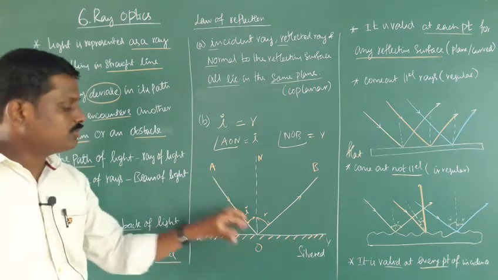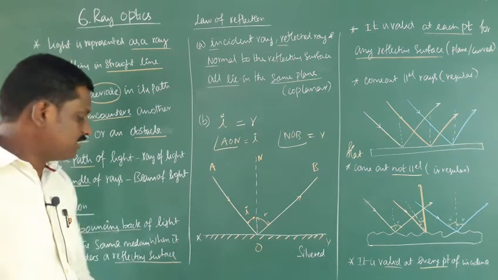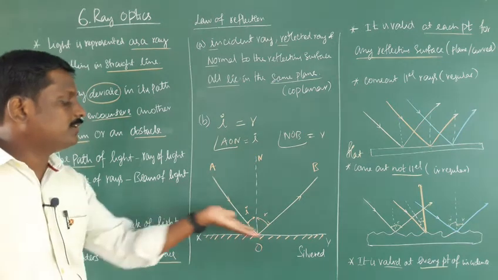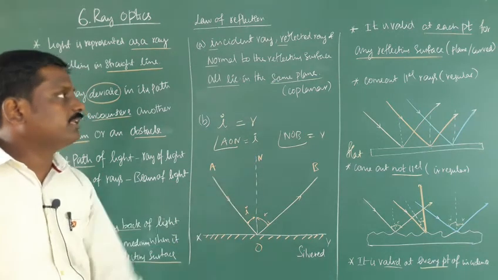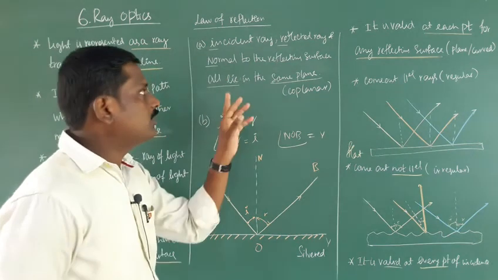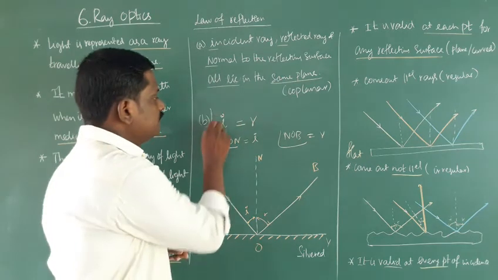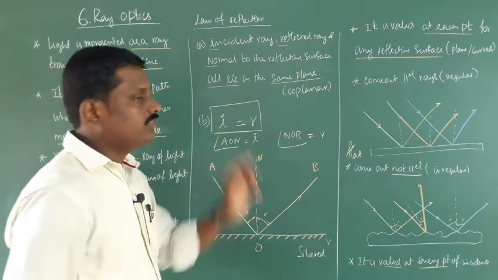Then reflection, the bouncing back of light when it encounters a reflecting surface, so it is reflected back into the same medium. The incident ray, reflected ray and normal all lie in the same plane, and the angle of incidence is equal to the angle of reflection. These two are the laws of reflection.